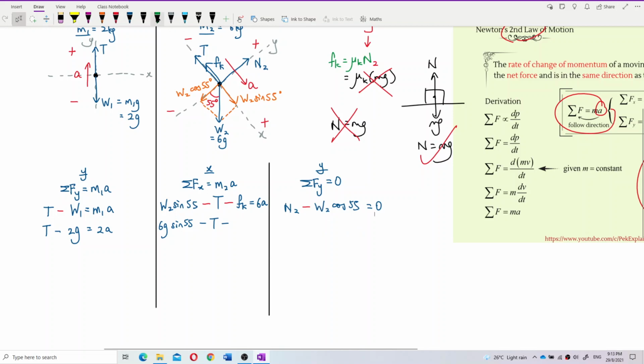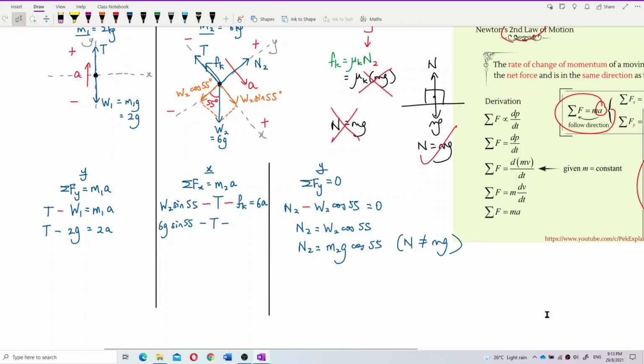See this? Now this W2 cos 55 goes forward. What do you get? Normal force N2 equals W2 cos 55, which is m2 g cos 55. Do you see that? This N is not mg.